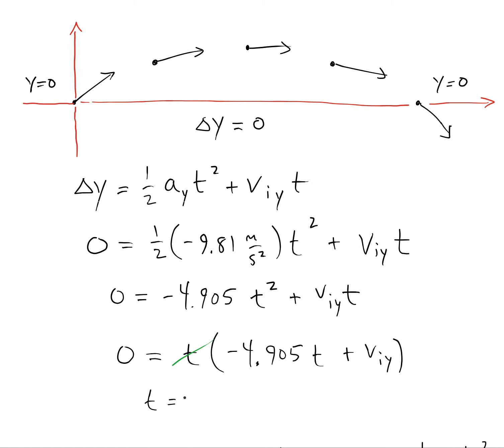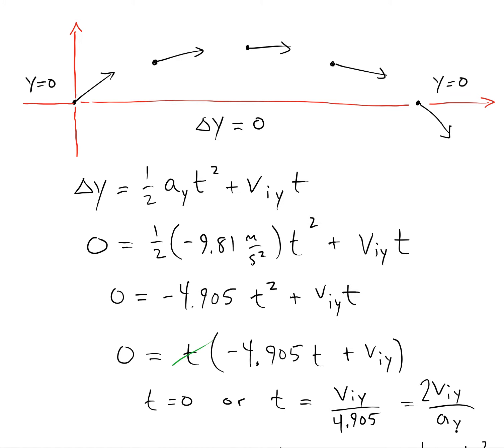So you get t equals 0, or t equals VIY over 4.905. I suppose it would be 2 VIY over AY.